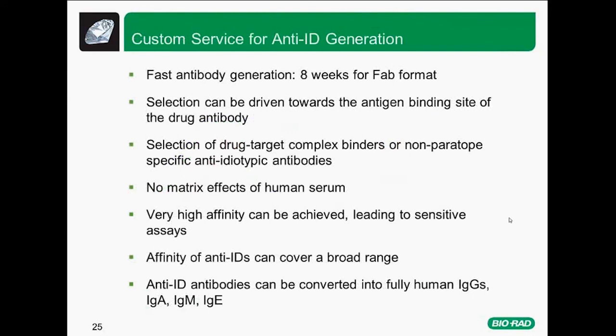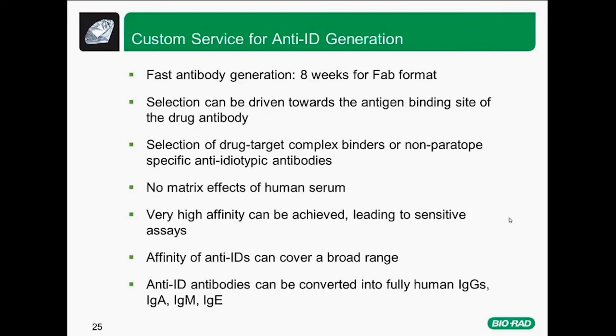So let me summarize the custom service for anti-idiotypic antibody generation. First of all, it's a very fast process. In only 8 weeks, we can deliver the antibody in the Fab format. We can drive the selection towards the antigen binding site of the antibody by using framework-matched controls. We can select drug-antibody target complex binders or non-paratope-specific anti-idiotypic antibodies.